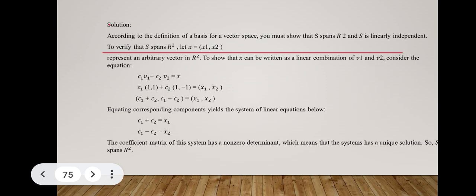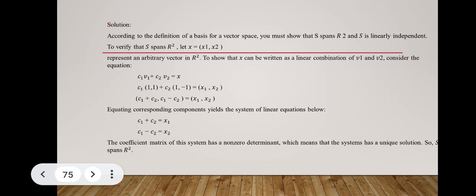We need to show that x can be written as a linear combination of v sub 1 and v sub 2. So we consider the equation c sub 1 v sub 1 plus c sub 2 v sub 2 equals x.